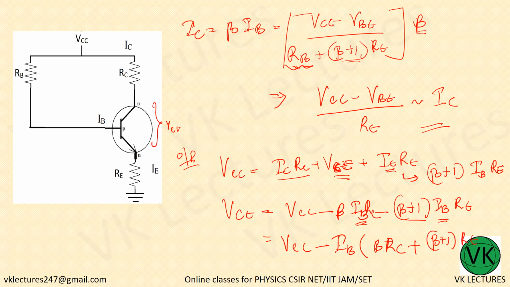So VCE is equal to VCC minus IB into beta times RC plus beta plus 1 times RE.